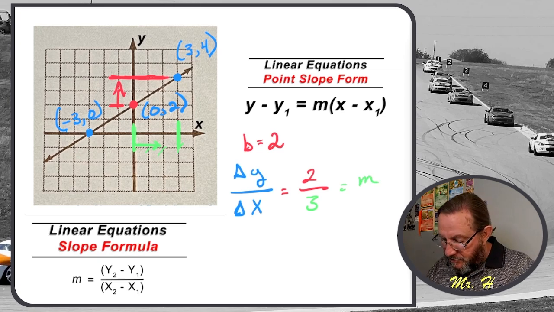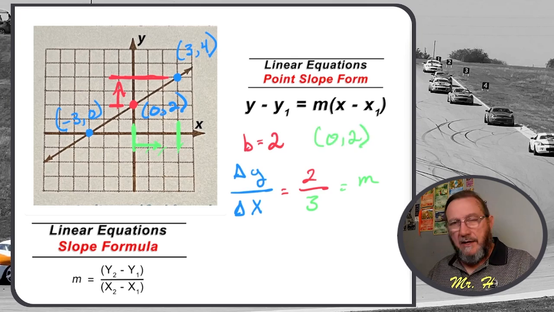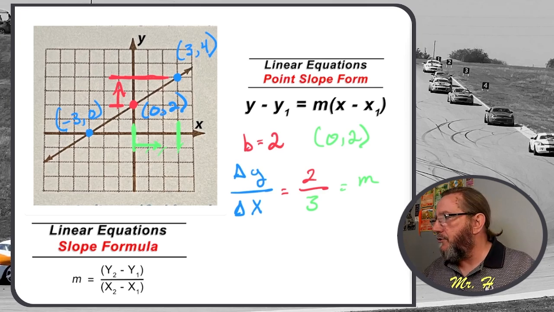So now I have the slope. I have this y-intercept, which is the point (0, 2), in case somebody needs to ask what is the exact coordinate of that y-intercept. What equation am I going to use? I don't need the point-slope form. Get that off the screen.